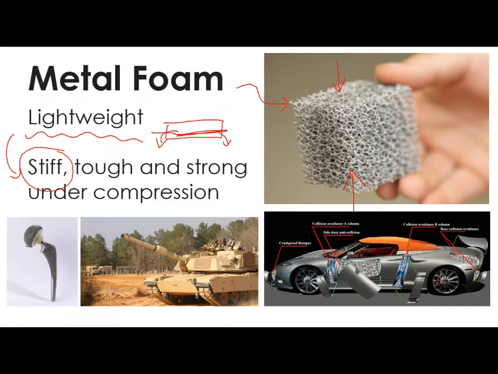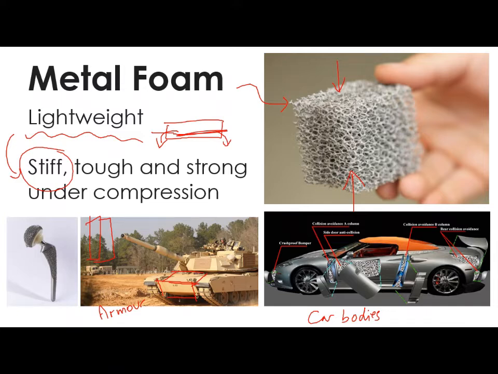Used in cars, car bodies, because of how lightweight it is. Often gets used in crumple zone areas where you might be in a crash. It's used in armour, so things like tank armour would have a sheet of metal foam, maybe in certain areas on the tank, because it's been proven to stop bullets and projectiles better than having just a massive thick layer of steel, which would be very heavy.